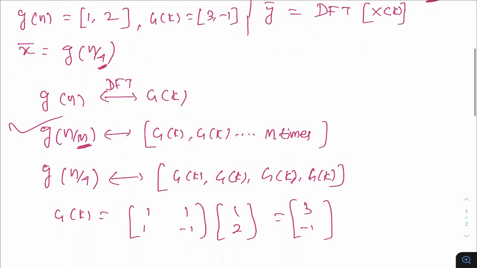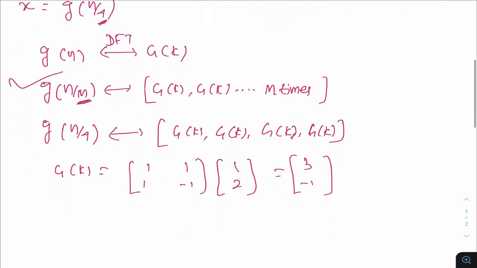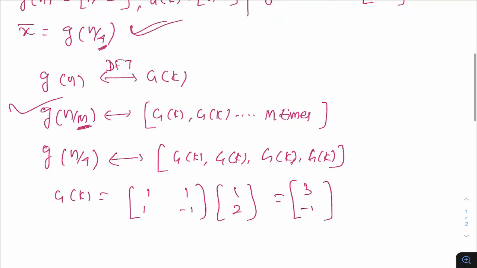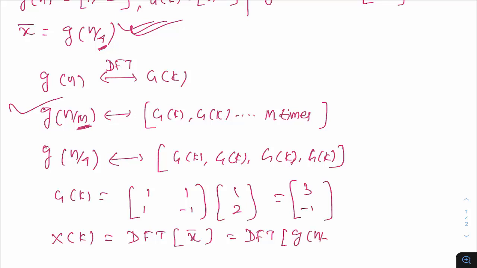Now you see, g of n by 4 is nothing but your x. So what is your X of k? X of k is nothing but the DFT of x complement, which is g of n by 4.